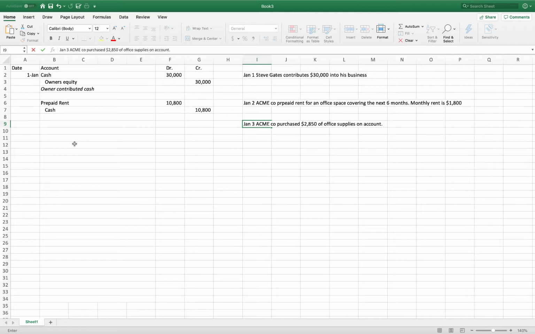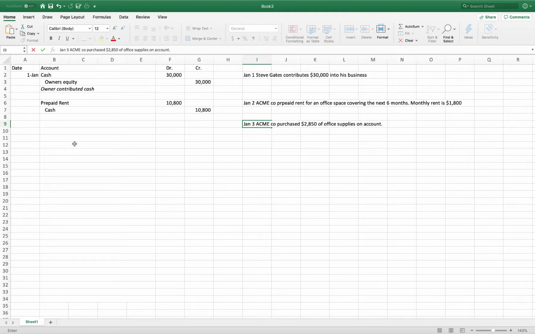Okay? When you see on account, it is always going to be a payable, right? For the most part, it's always going to be a payable. But we need to look at who is doing the paying and who's doing the receiving, right?